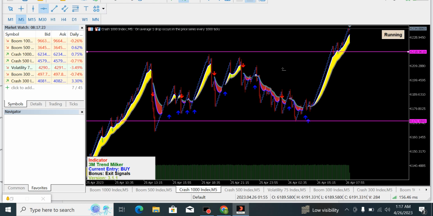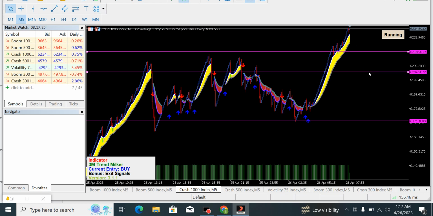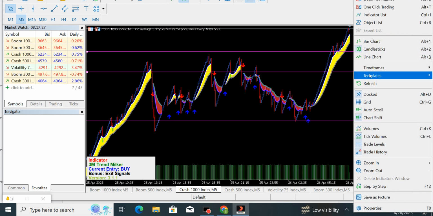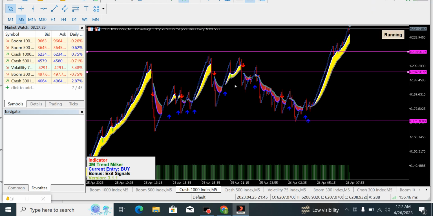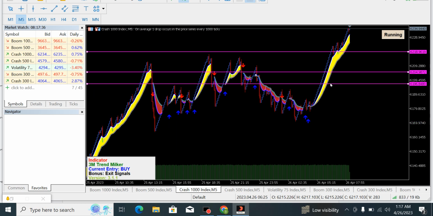If it breaks out below that, then we should be expecting it to sell till it gets to somewhere here. And if it breaks out below that also, then we should expect it to get somewhere here. So that is very, very important.